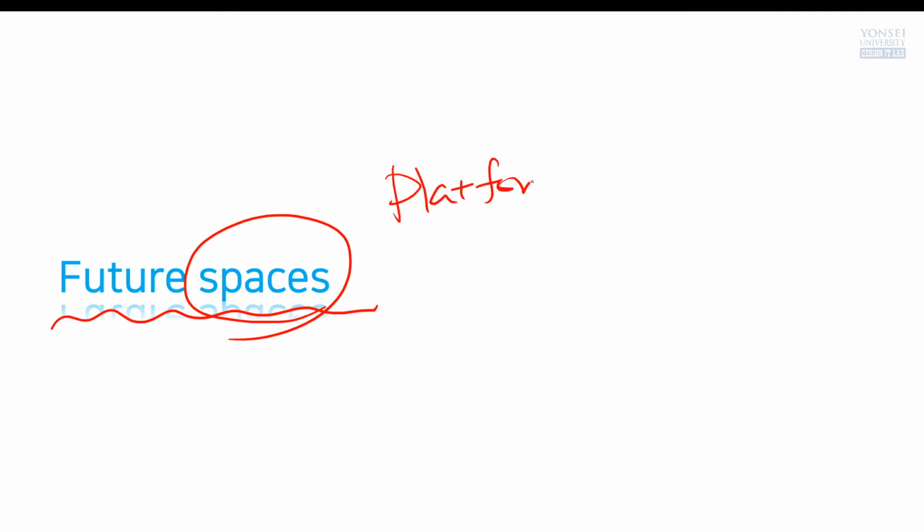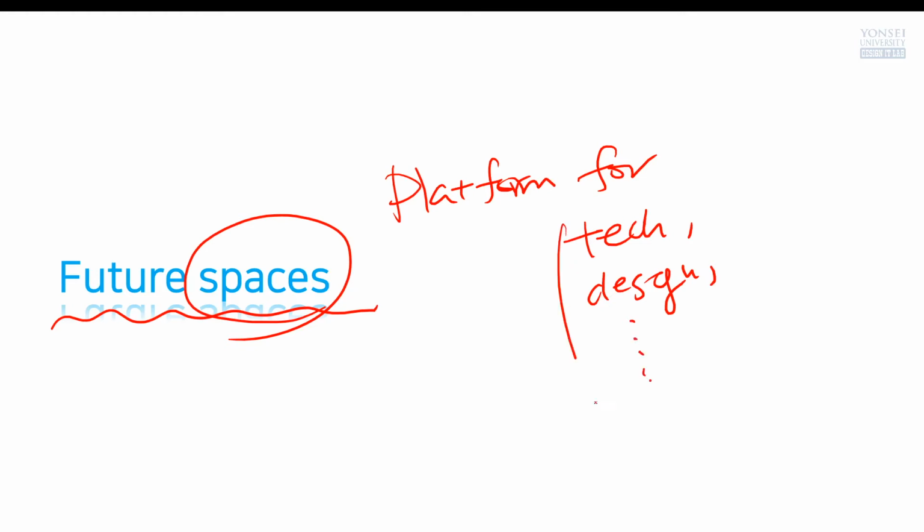Let's talk about future spaces. I told you before, right? Space, room, indoor space, they are a sort of platform for technologies, design, and so on.